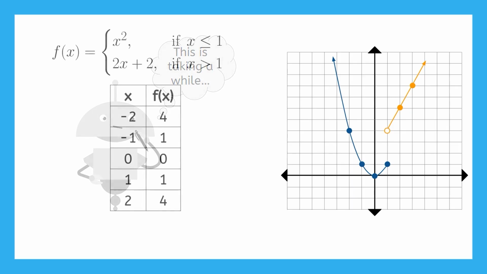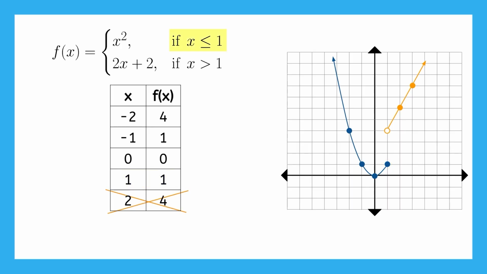Notice for the first piece, x squared, that we only ended up using the points from the table of values that were less than or equal to 1. This was because the domain for this part of the function is x is less than or equal to 1.